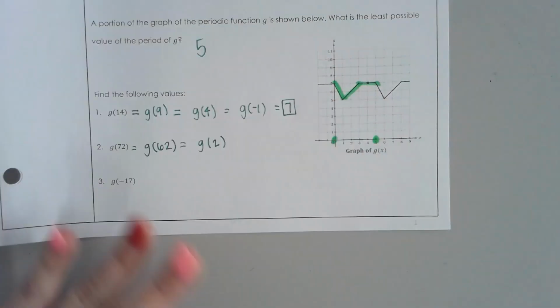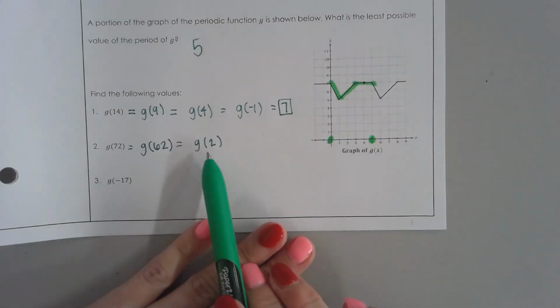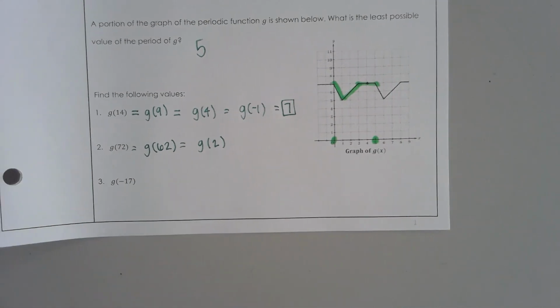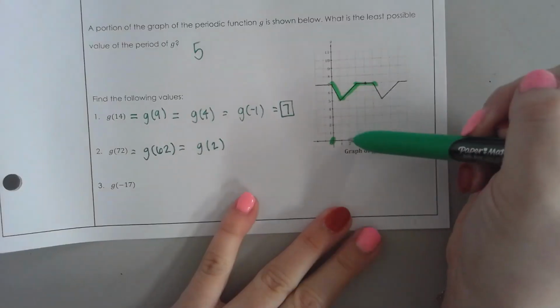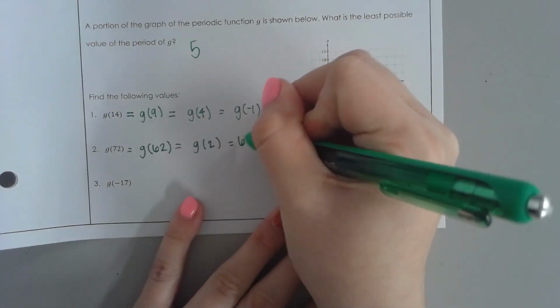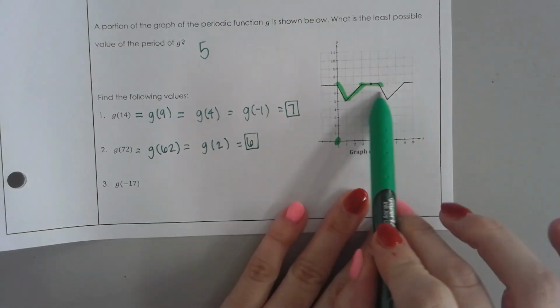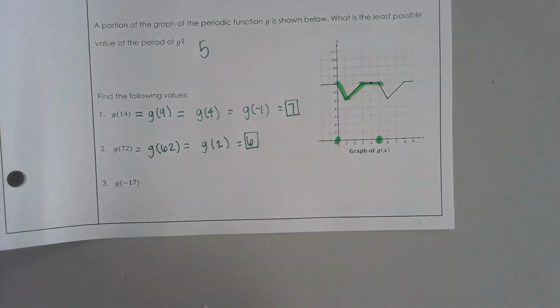If I kept subtracting multiples of 5 or 10, G of 2 would be one of those. So G of 2 is 6. That should also be the same thing as G of 7, 6. G of 12, G of 17, G of 22, 27, 32, 37, and so on.